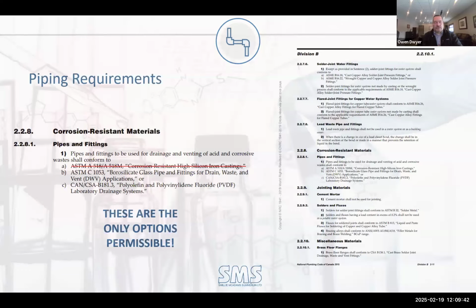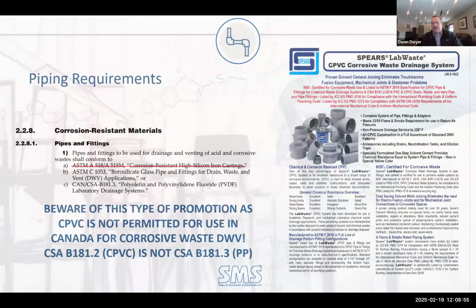So if you've got considerations for PVC, it doesn't fall under that CSA 181.3, or the B, or the first one, which is the silicon iron casting. The reason I point that out, as I mentioned, I've added some things to my slides from what I've seen in my travels across Canada, talking to engineers about corrosive waste in different parts of the country.